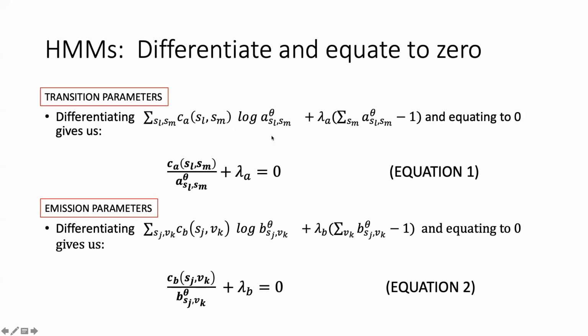Similarly here, so differentiating with respect to A(s_l, s_m) will result in C_A divided by A(s_l, s_m) plus this factor, which turns out to be lambda A. These are the expressions for the solution for transition and emission parameters, while lambda A and lambda B are the Lagrange multiplier parameters which are unknown. Let's try to estimate these parameters.